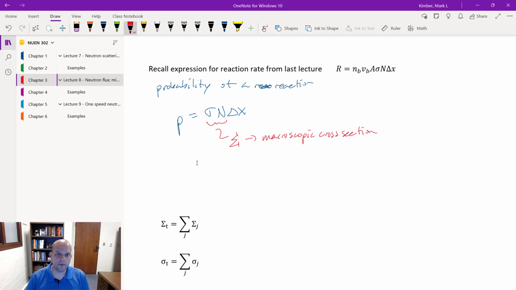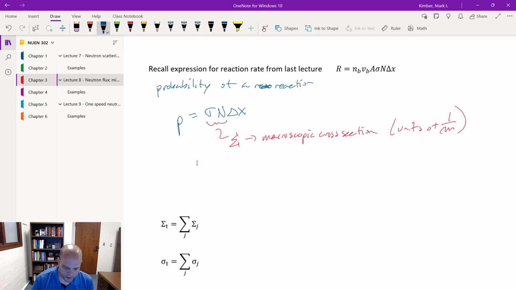And then we take N, which is the number of atoms we have in a given volume. That takes it from the microscopic world of a single atom and the possibility of interacting there to this bigger target by virtue of multiplying by N. And so we call this the macroscopic cross-section. It's going to have units of 1 over meter or 1 over centimeter.